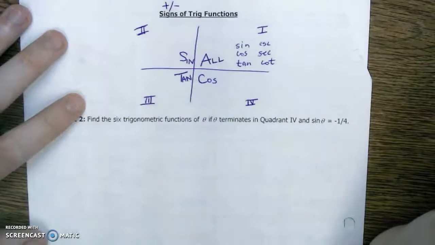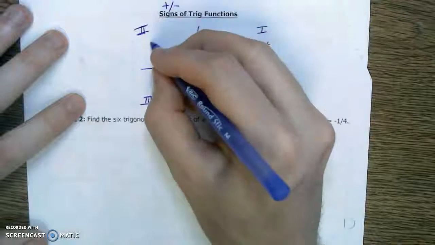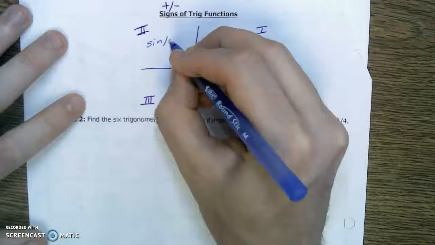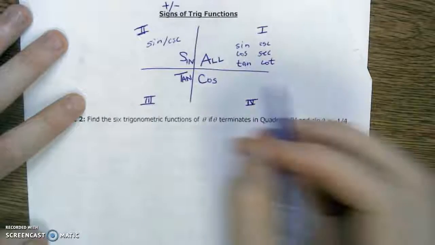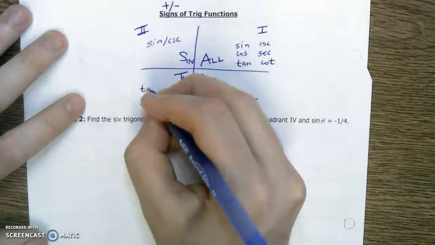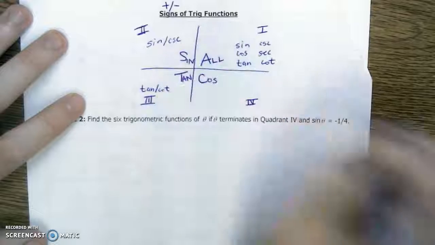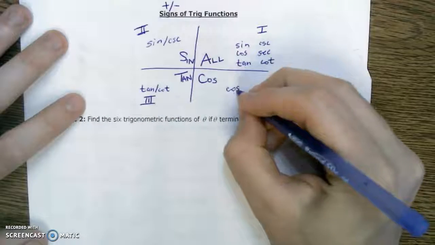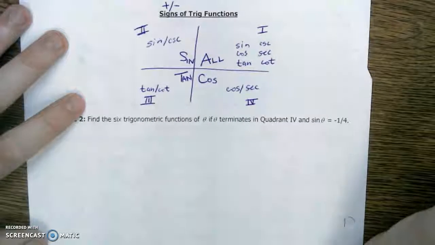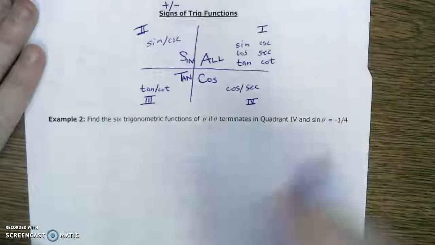They're all positive there. Sine means sine and its reciprocal cosecant. Tangent means tangent and cotangent are positive. Cosine means cosine and its reciprocal secant are positive. So that's how you're going to remember when it's positive.